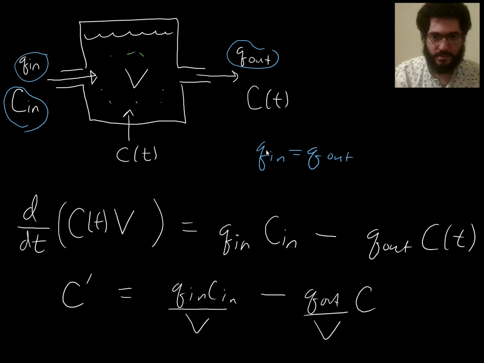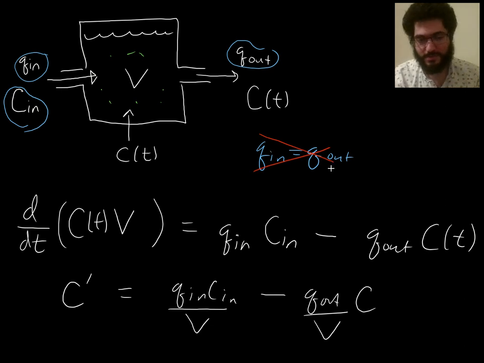So I think the most fun change to make, and I think the only one that I'll probably make on your homework, is no longer assuming that the fluid flow rate in equals the fluid flow rate out. So then this becomes no longer valid because V is now possibly a function of t. So I'm still assuming that Q in and Q out are constant, although I don't need to. We could actually handle them not being constants.